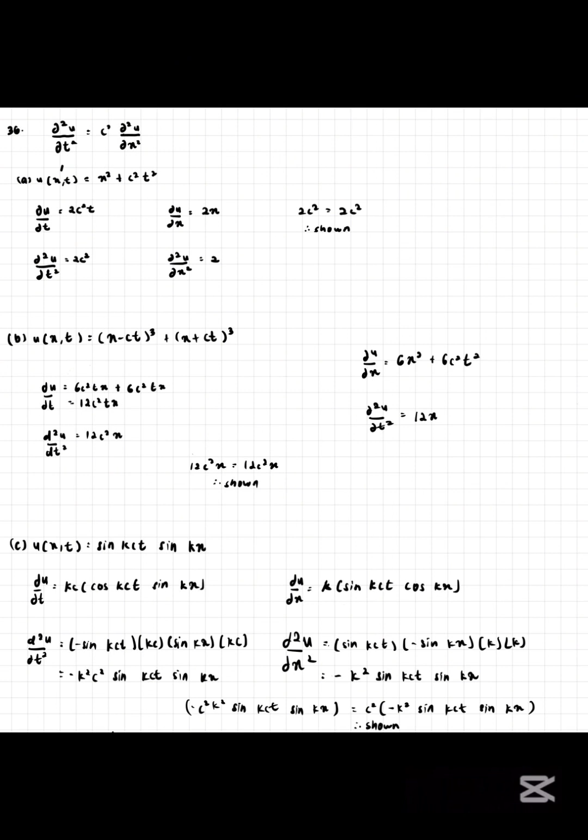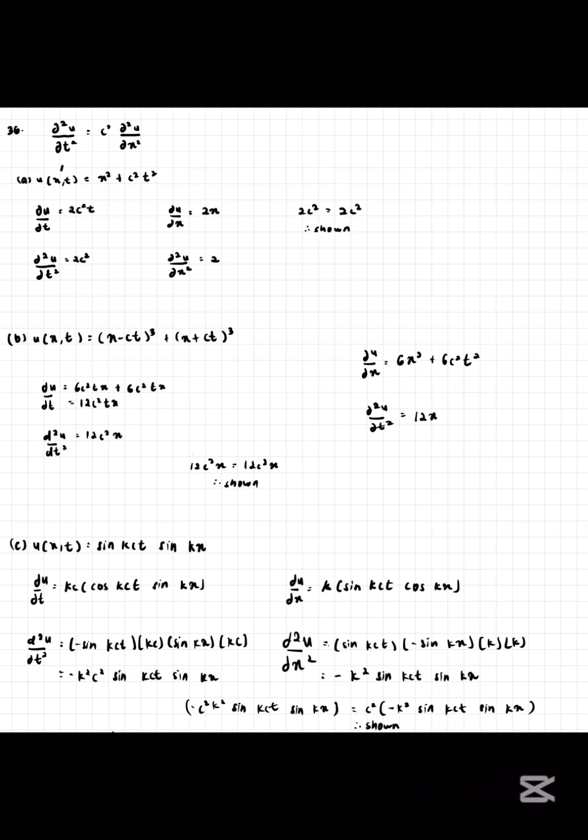For question C, the function given is u(x,t) equal to sin kct sin kx. First we differentiate the function with respect to t, and we get kc times cos kct sin kx. When the function is differentiated with respect to x, we get k sin kct cos kx.